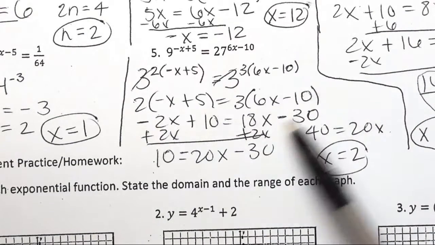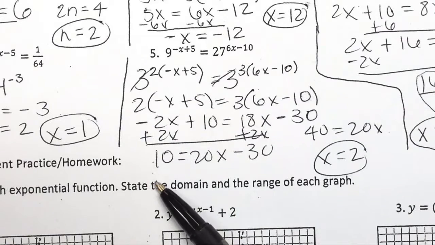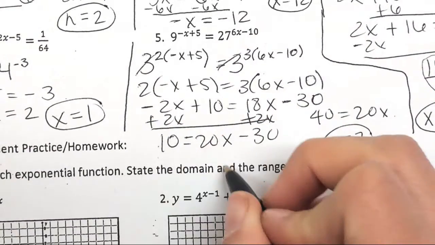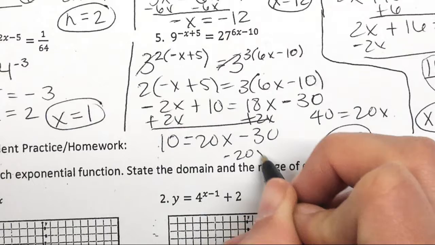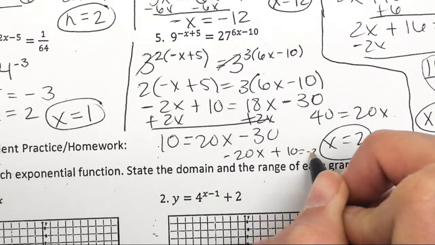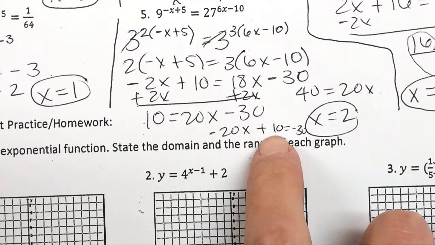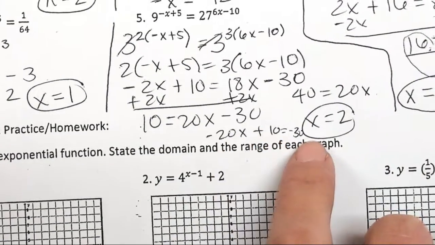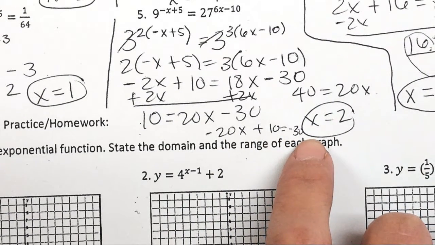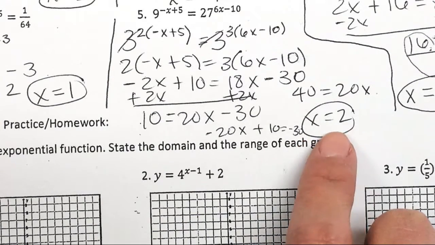Okay, so if you subtracted 18x over here, you get negative 20x, right? Or excuse me, you have negative 20x plus 10 equals negative 30, right? Okay, then from here you would do what? So you get negative 20x equals, yep, and then you divide negative 40 by negative 20 and get, yes, you get the same thing.